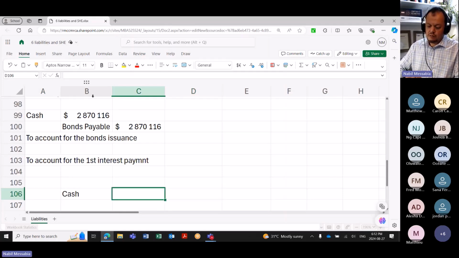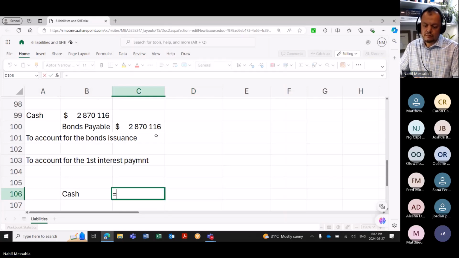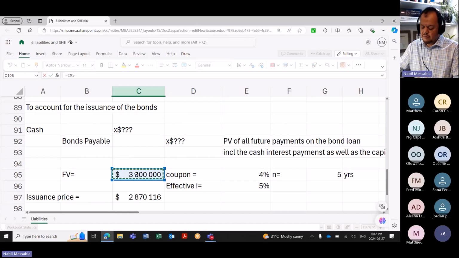Cash equals 3 million times what? How much cash am I going to pay at the first interest period after 1 year? 3 million times the coupon rate.